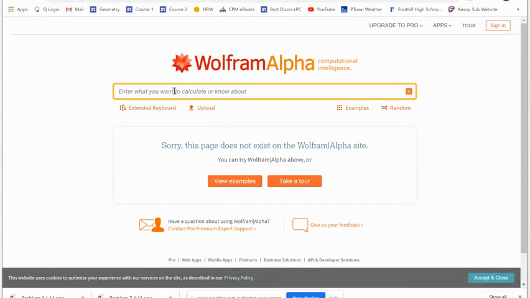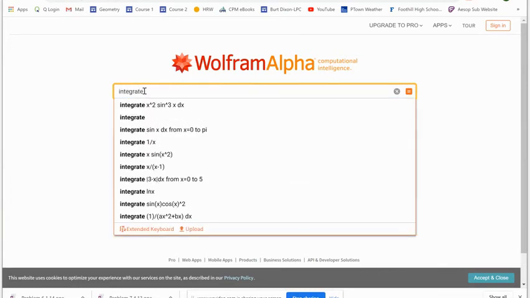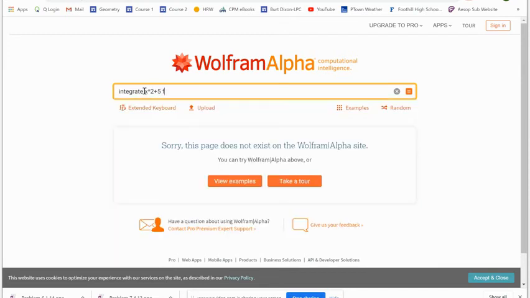Okay, and here you can type in pretty much anything you want as far as integrals. You can just type freely in English and say integrate. Let's say something like x squared plus 5 from x equals 2 to x equals 7.